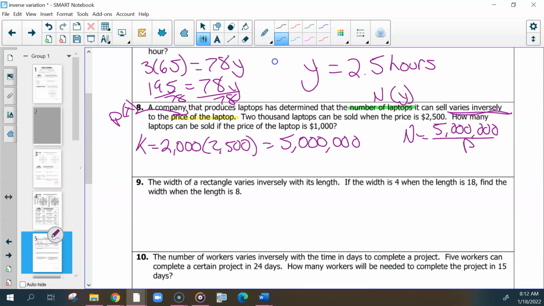And then in the last part of their question, it says how many laptops. So we're looking for number of laptops n can be sold if the price is 1,000. So we can put 1,000 in for p. And find n, which would be what? 5,000 laptops.